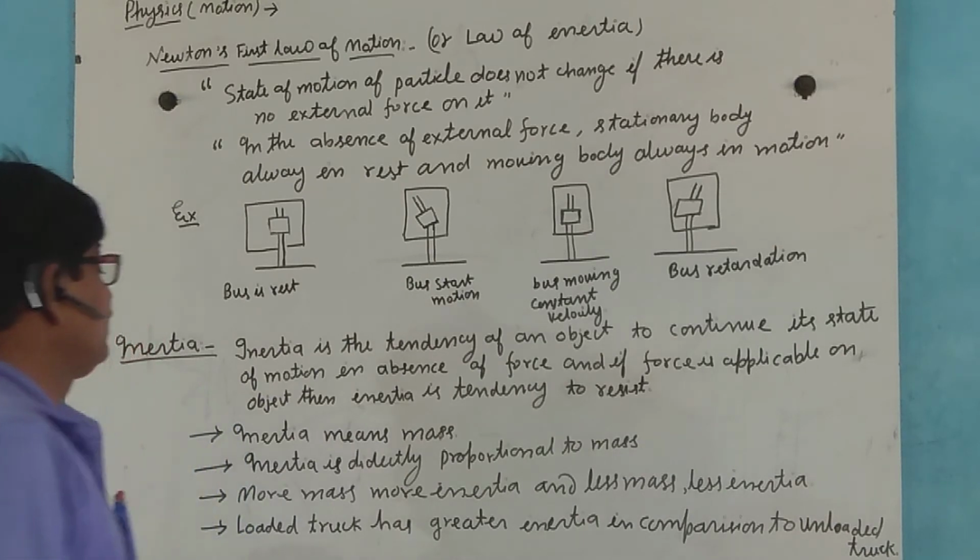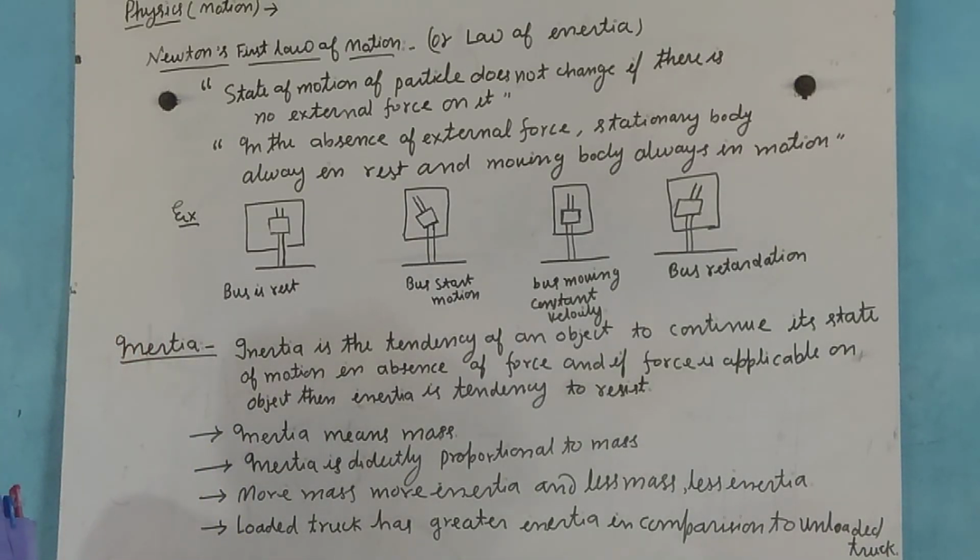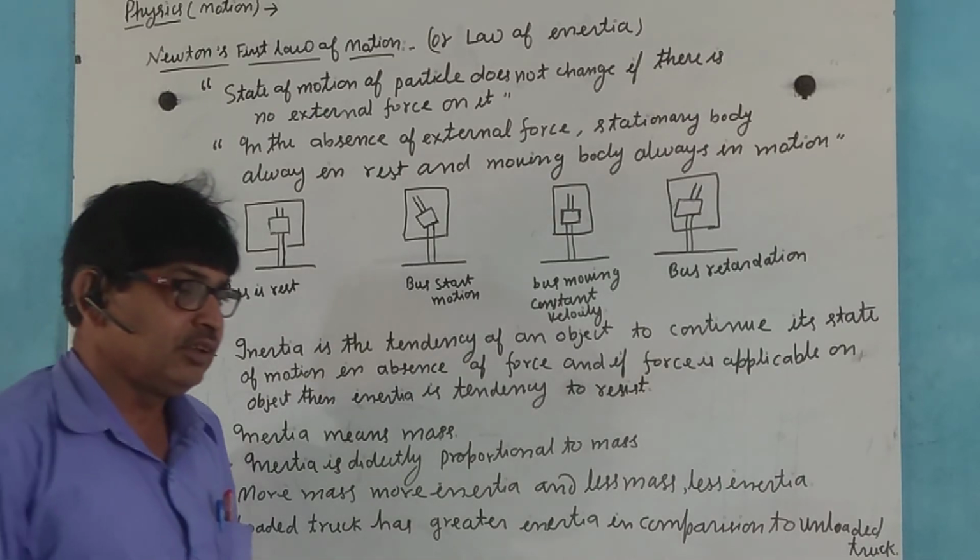Now, inertia is the tendency of an object to continue its state of motion in the absence of force. If force is applied on them, then inertia is the tendency to resist.